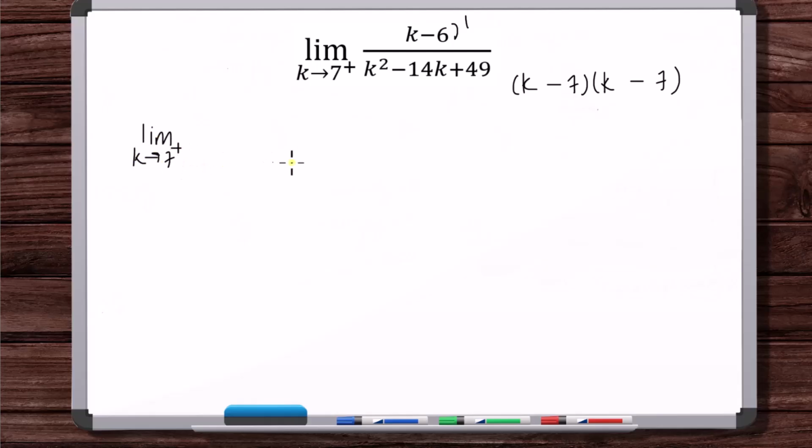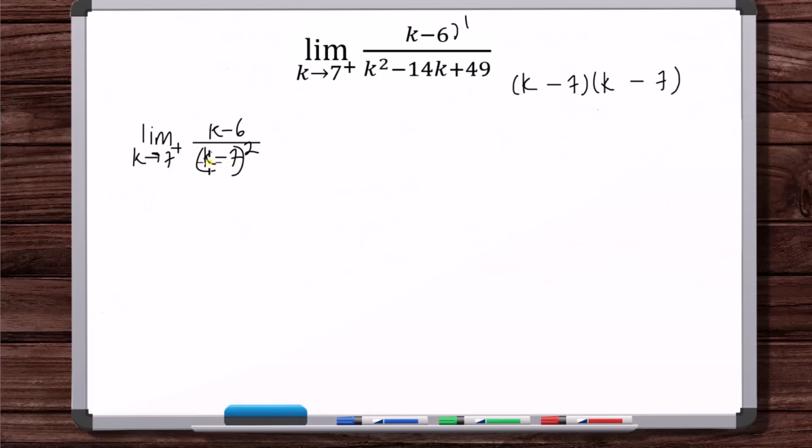Yeah, so this is a vertical asymptote problem because you have a non-zero finite number being approached in the numerator and 0 being approached in the denominator. Approaching 7 from the right, k minus 7 is always positive. With k minus 7 squared, we could approach 7 in general and go to the same infinity on either side.